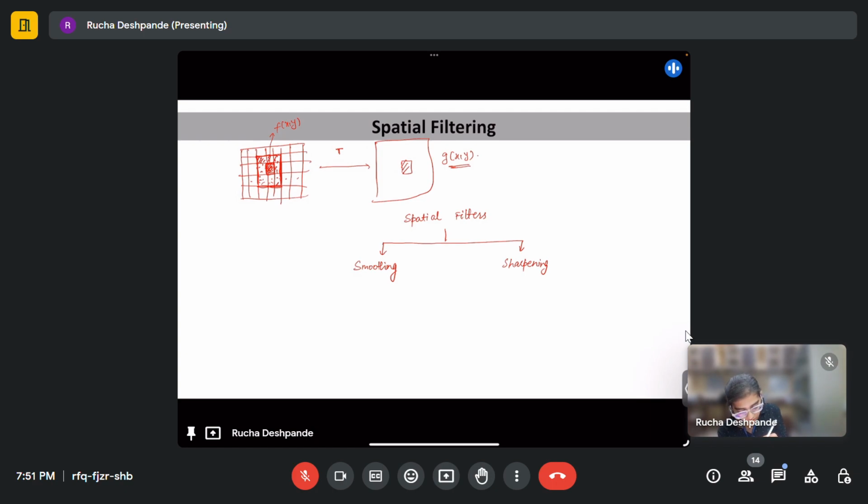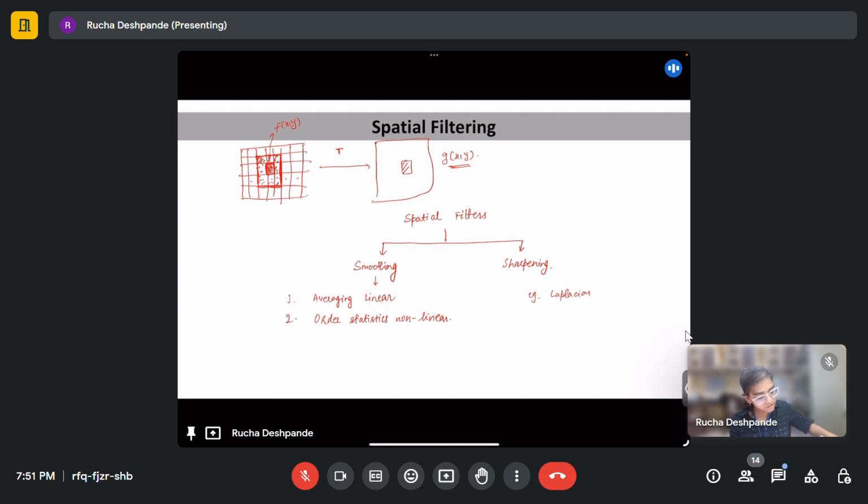In smoothing, we have two different types: averaging, which is linear, and in sharpening we have other filters like Laplacian. We will look at these filters in detail.